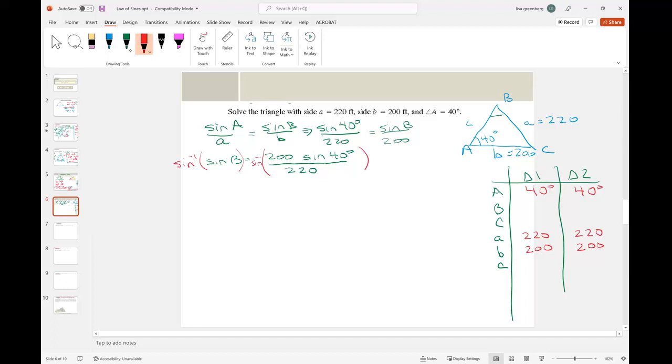I end up here with B equals the inverse sine of 200 sine of 40 degrees divided by 220. And that equals, one second.